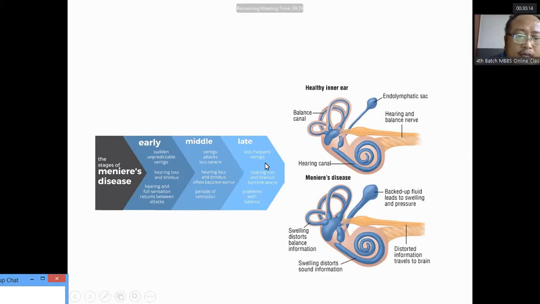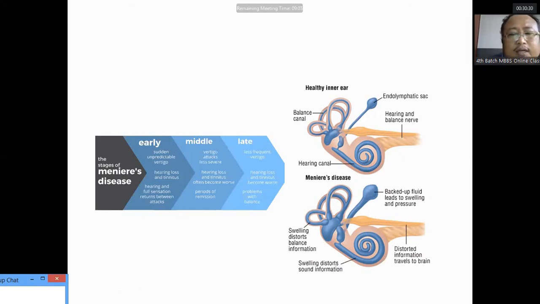Lately, when it recurs repeatedly, the duration gets shorter, hearing loss becomes worse, and problems with imbalance are there.